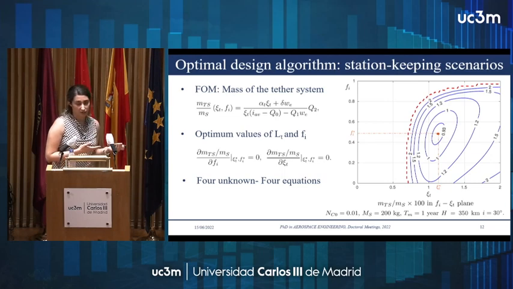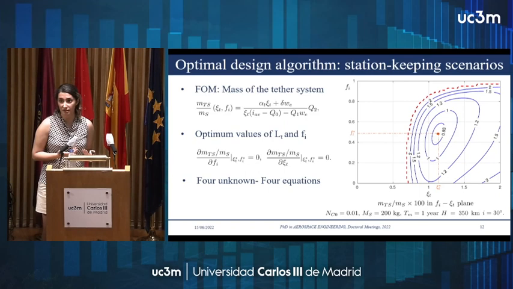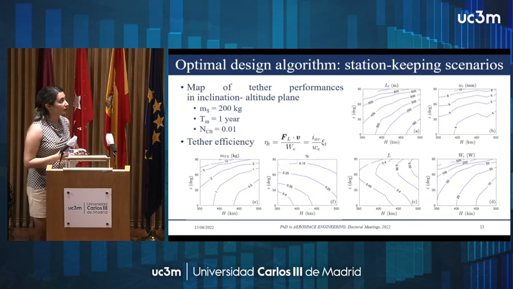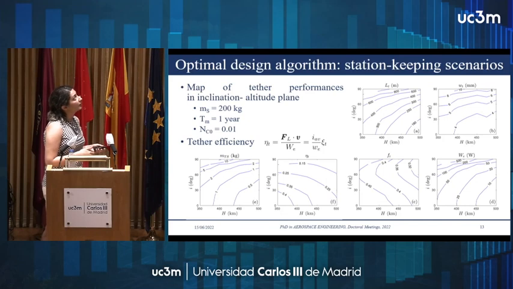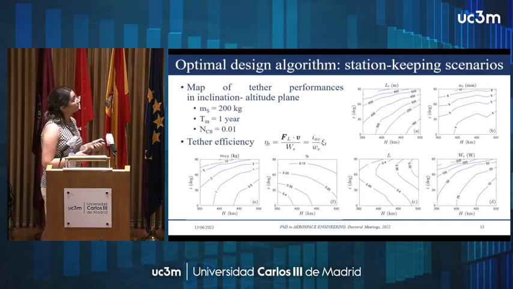So in station keeping, we have four unknowns and four equations that we solve simultaneously, and we find the design parameters. We repeated this analysis for different values of inclination and altitude, and we found this map of the design parameters and performance indexes for a specific value of the satellite mass, mission duration, and cut probability.